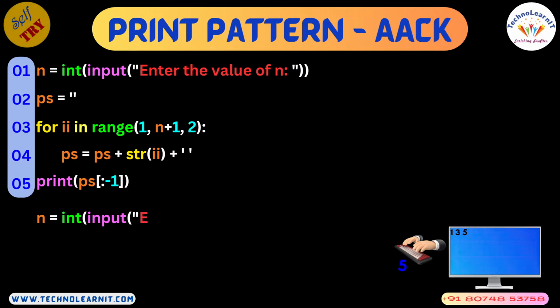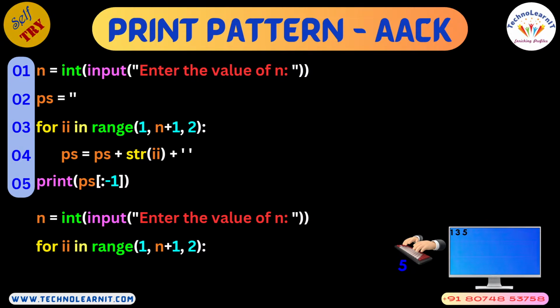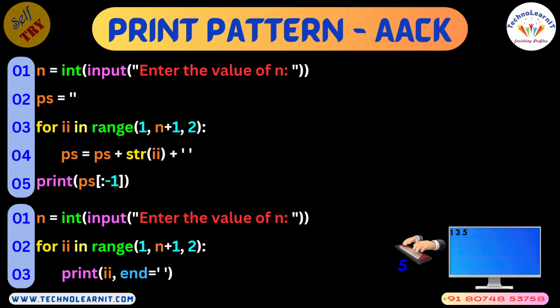Again, if the interviewer doesn't allow you to use string related operations, then you can use the same range function but print the value of i and make sure end is properly configured to use a single space. Using these 3 lines of code, you can achieve this.